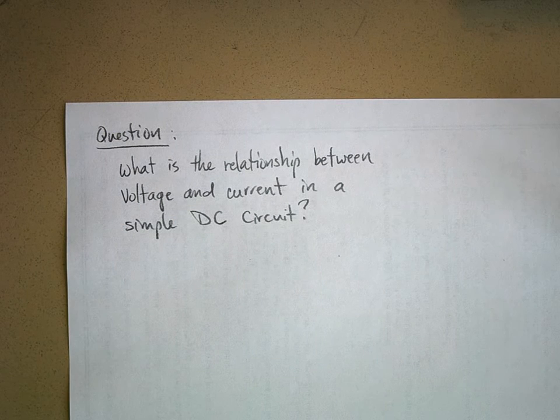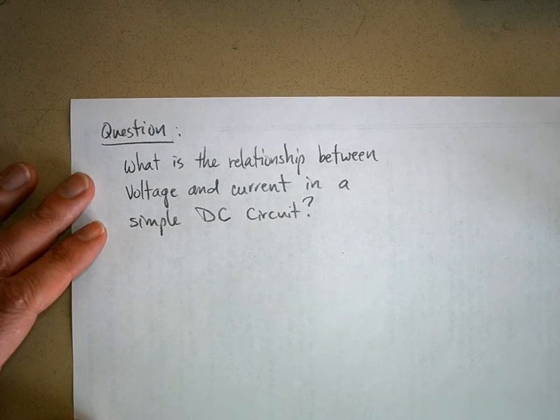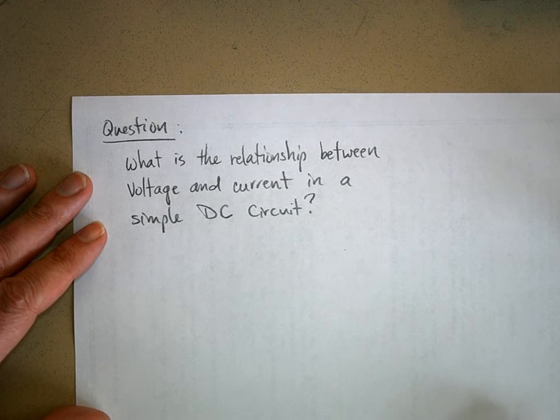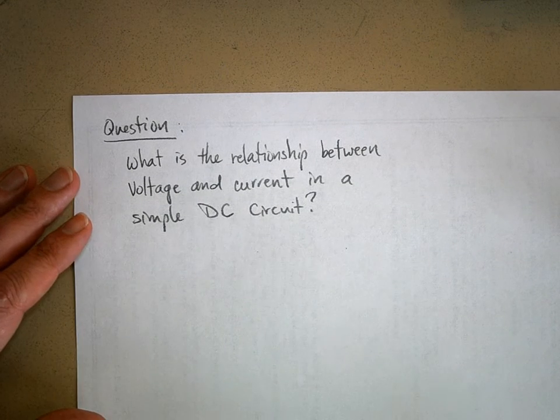Now, what we're going to do is we want to vary the voltage and see what current we get. And so I'm going to tell you what voltages to use, and then we're going to measure the current for 3 different resistors. Okay, so to answer this question, we need to collect some data.